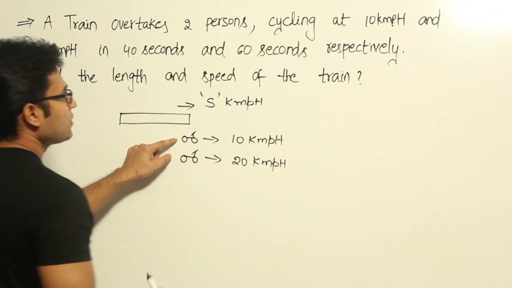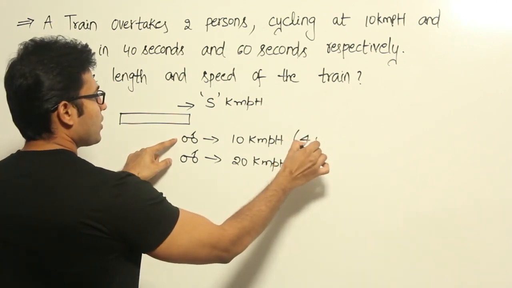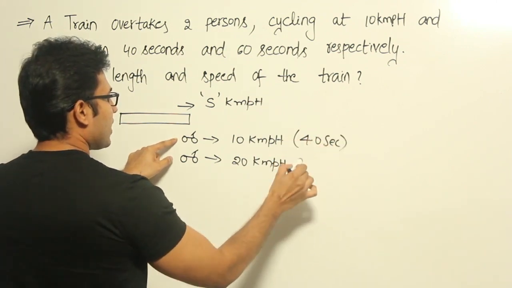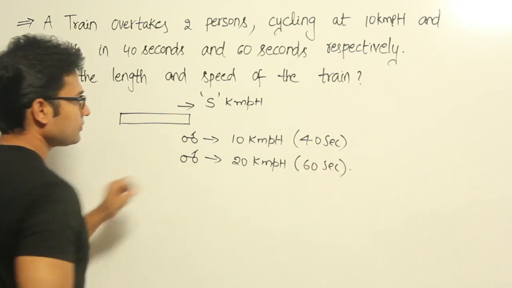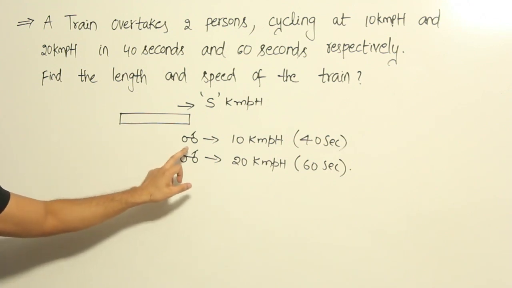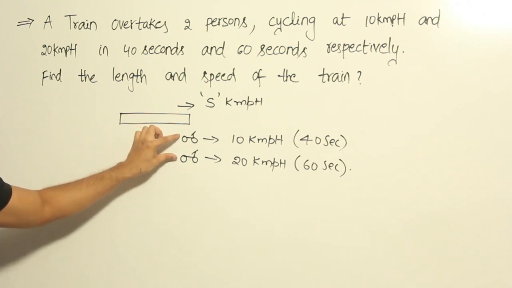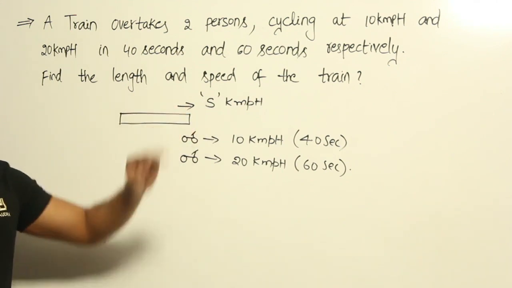Now the train is going to overtake this particular cyclist in 40 seconds and this particular cyclist in 60 seconds. Okay, so this is the case. There are two cycles and the train, all of them starting at the same point, and your train is moving this way.